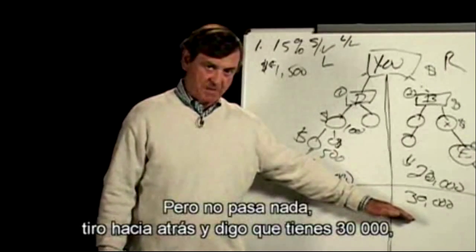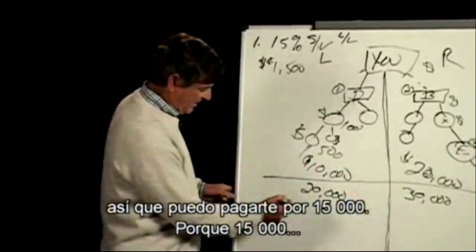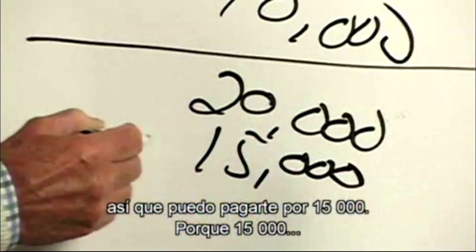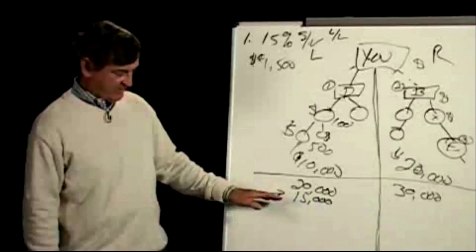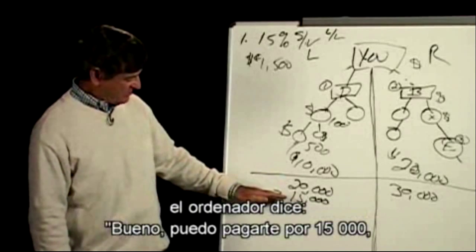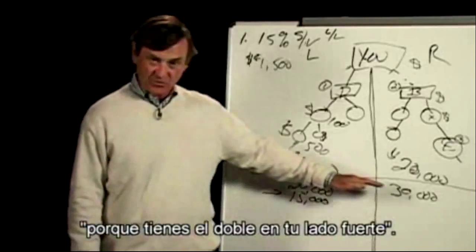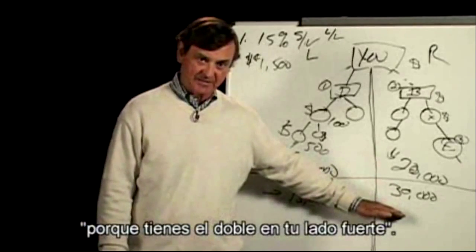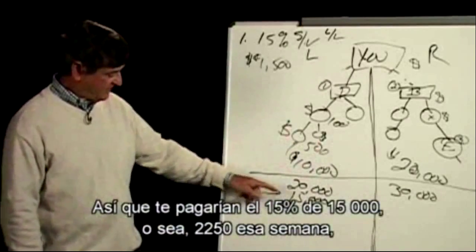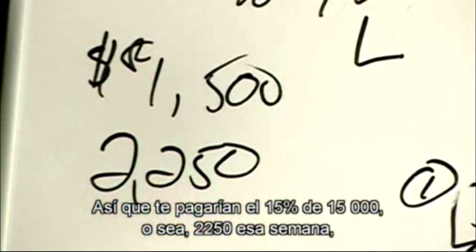But that's okay, it just works backwards and says, well, you've got 30, so I can pay you on 15,000, right? The computer does this pretty fast, you don't have to think about it. The computer says, okay, 15,000 is a number I can pay you on because you've got twice as much in the strong leg. So you would be paid 15% of 15,000 or $2,250 for the week.